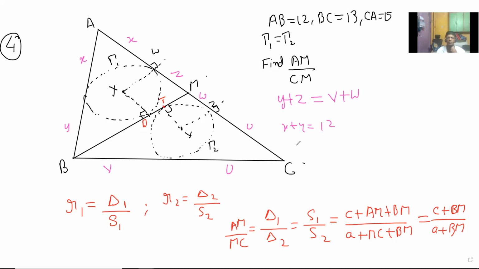X plus Y is 12. And V plus U is 13. And X plus Z plus W plus U is 12. But in this case, we are not able to use. Okay, no, wait. But we only have 4 equations.